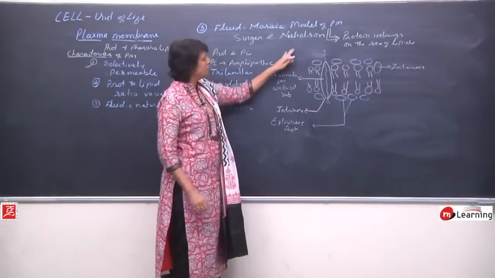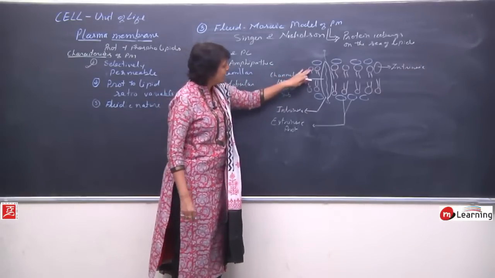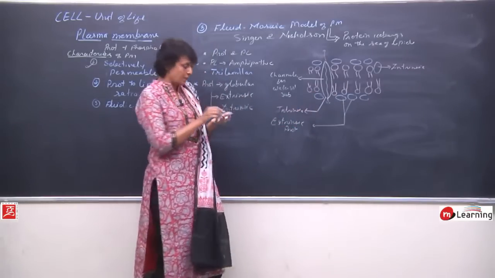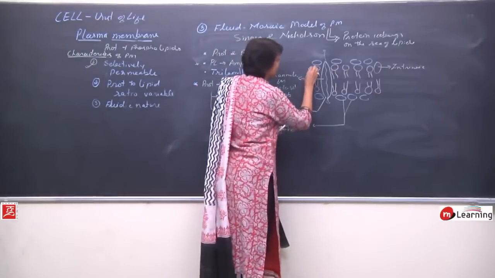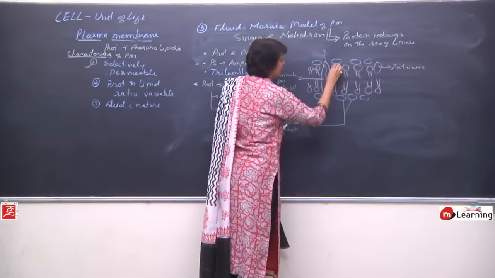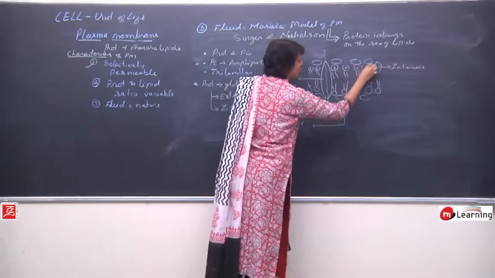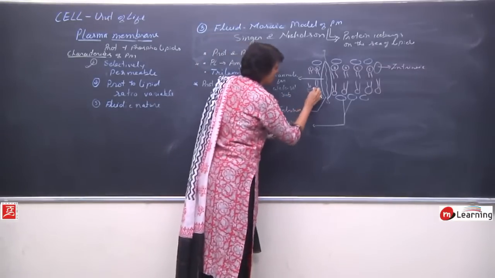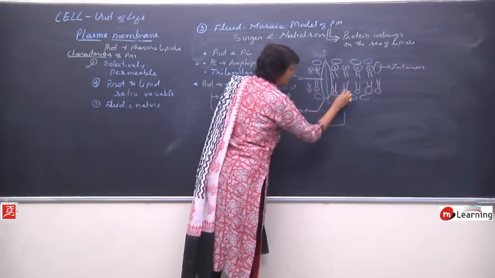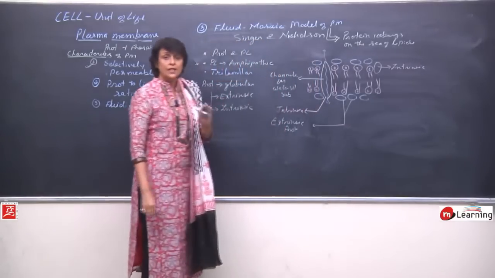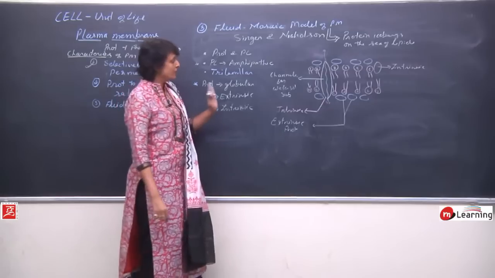Plus one more information which they gave was that these phospholipid molecules can also change their position. To understand this, let us number them. Say we are numbering the phospholipids of the upper chain as 1, 2, 3, 4, 5, 6 and of the lower chain as A, B, C, D, E, F and G. They show two types of movements.